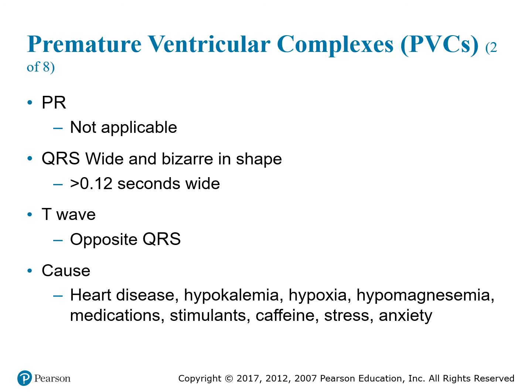Your QRS complexes are usually wide and bizarre in shape, with a QRS interval greater than 0.12 seconds. Your T waves will always be the opposite of your QRS. As I said earlier, if your QRS is upright, your T wave will be downward, a negative deflection. Same thing if your QRS is a downward deflection, your T wave will be an upward deflection.